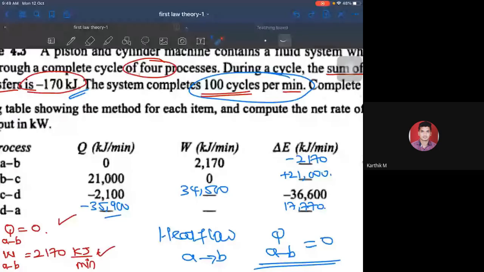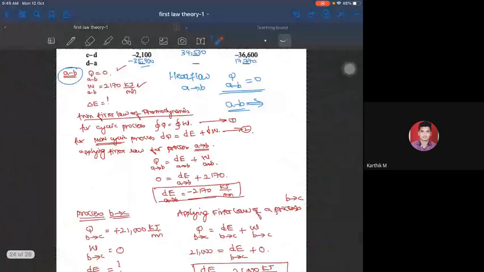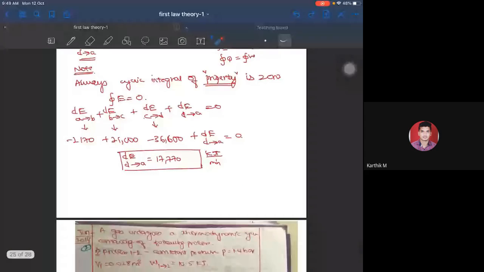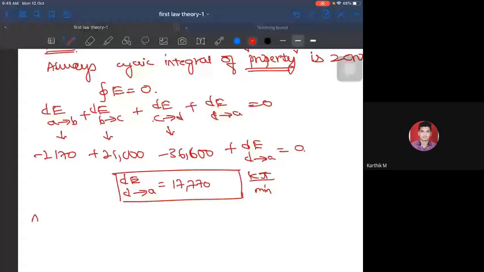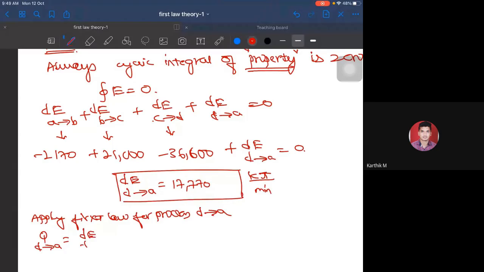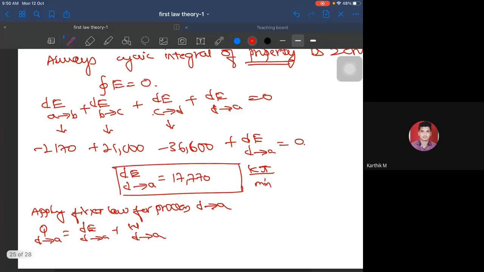Apply the first law for the process D to A. So if I apply, what does it say? Q D to A equals change in internal energy from D to A plus W D to A. The change in internal energy is here, I can write it straight away.